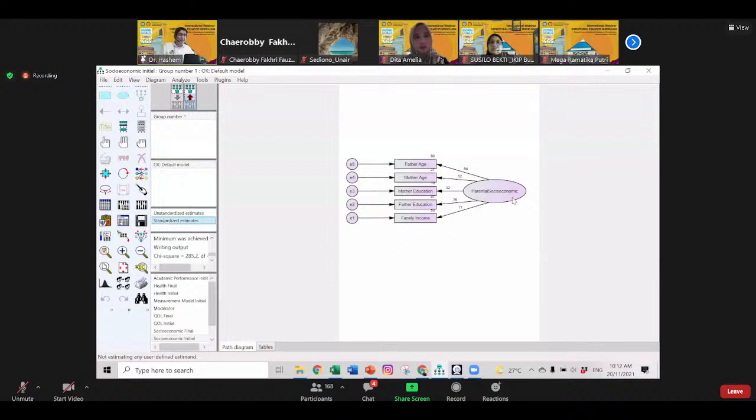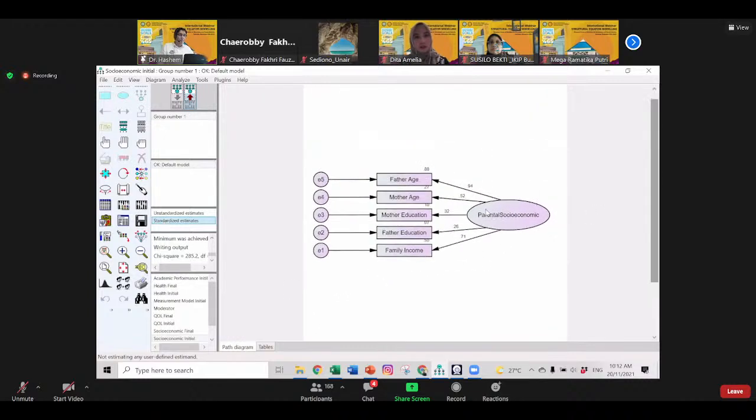So as we can see the factor loading of these 5 variables, for example, father age 0.94, mother age 0.52, mother education 0.32, father education 0.26, and family income 0.71. So there is a rule, of course, you will read later, for the factor loading.